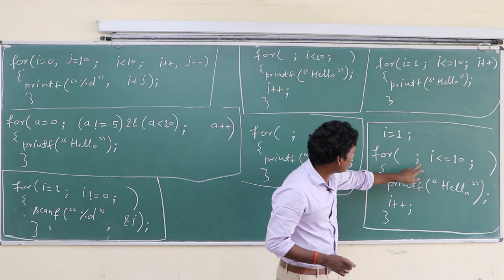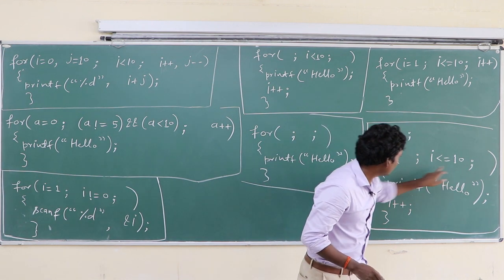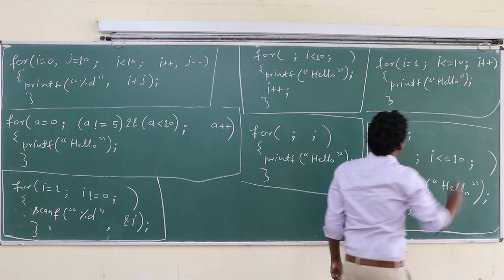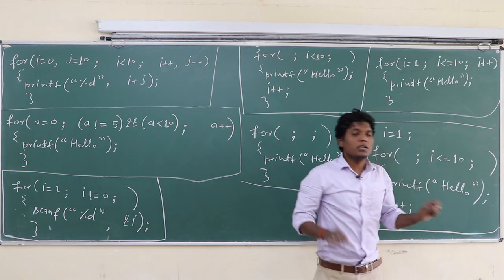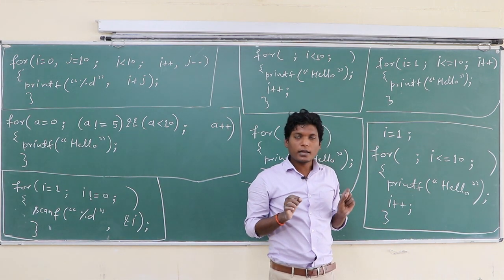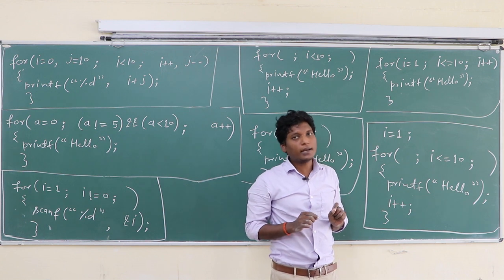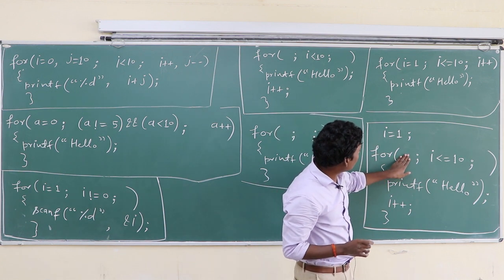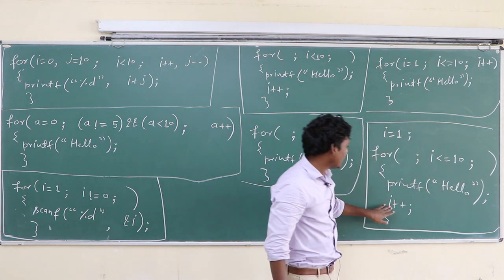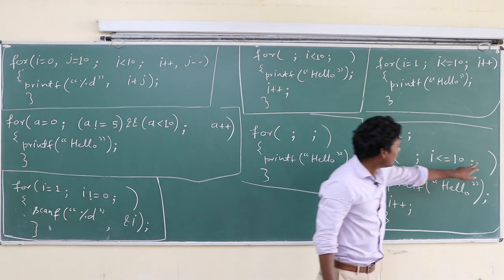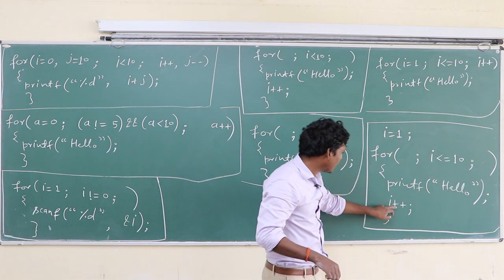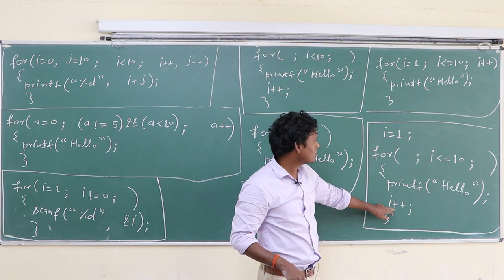Class, there are two semicolons, 1, 2. These two semicolons separate the three sections: variable initialization, condition, and increment or decrement.